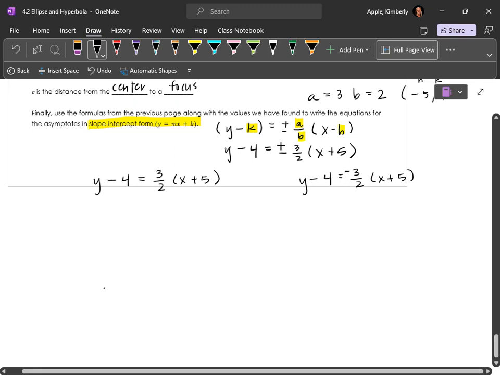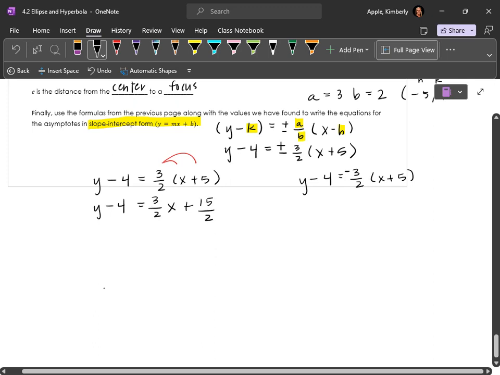If I'm going to isolate y and make this look like the slope-intercept form, I'm going to have to distribute this 3 halves. So I'll have y minus 4 equals 3/2 x plus 15 over 2.